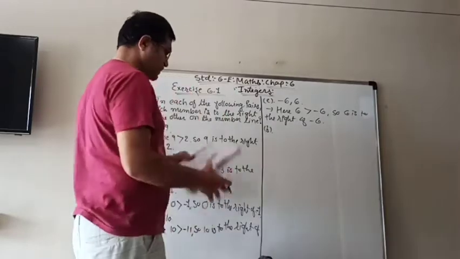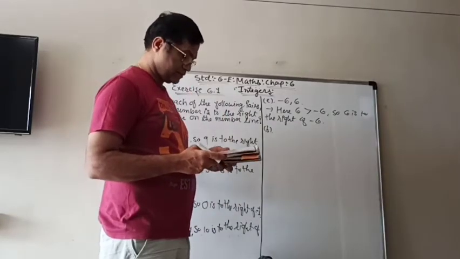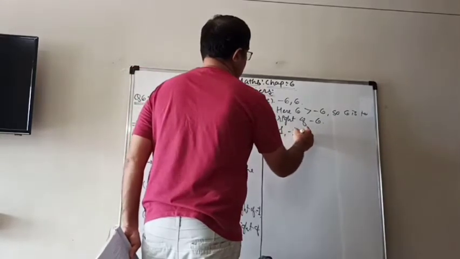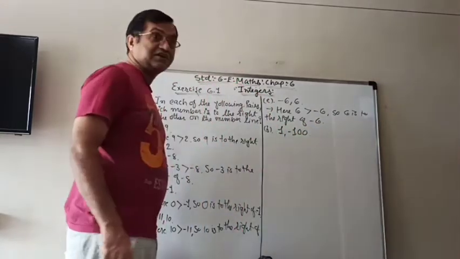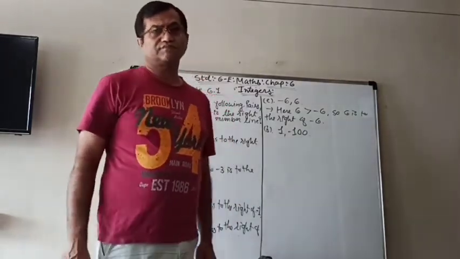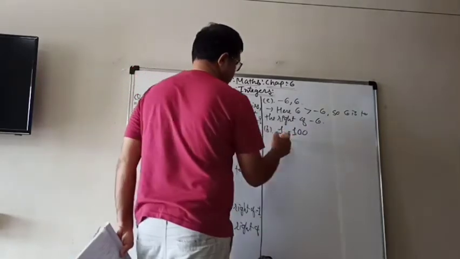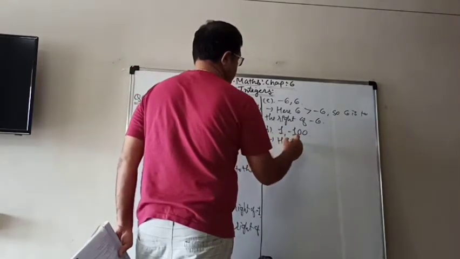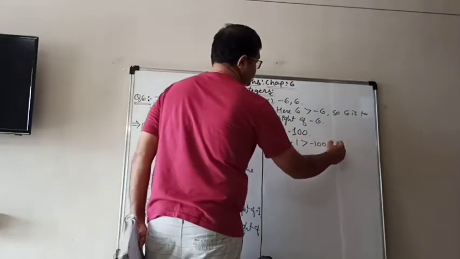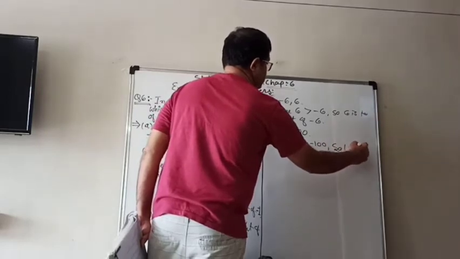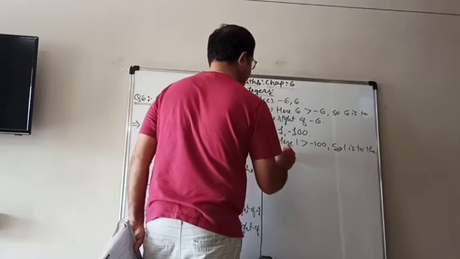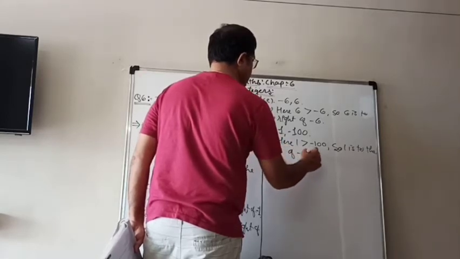And the last pair is 1 and minus 100. Oh, it looks like 100 is the biggest number, but it is negative, and we know that 1 is positive. So here 1 is greater than minus 100. So 1 is to the right of minus 100.